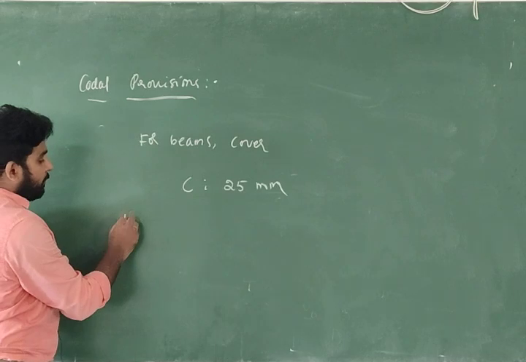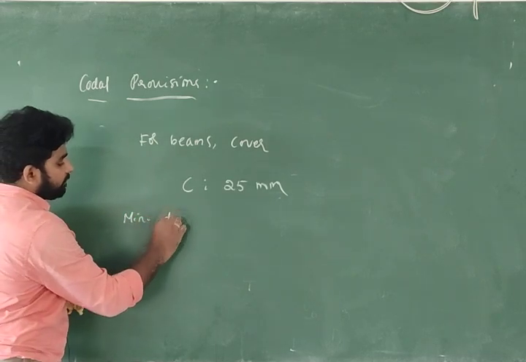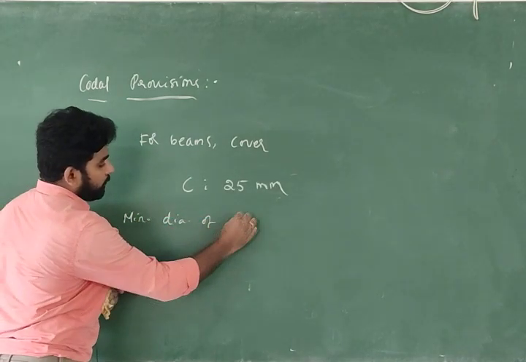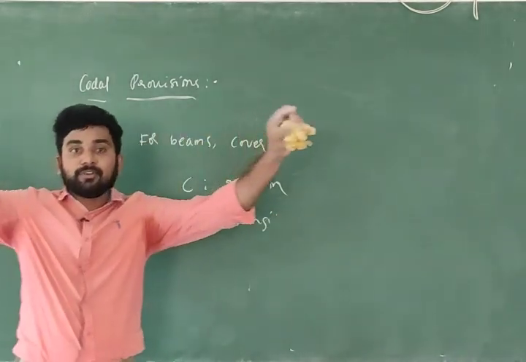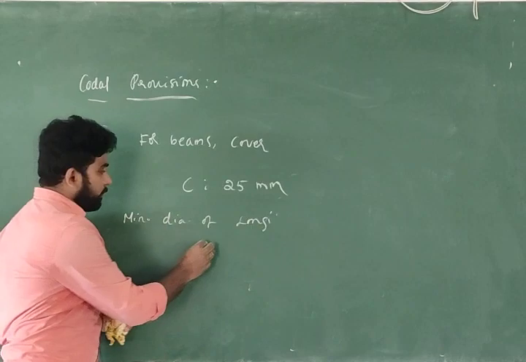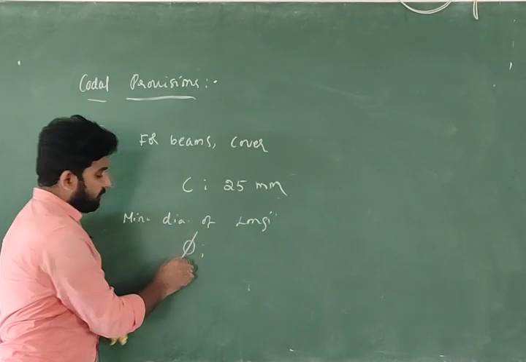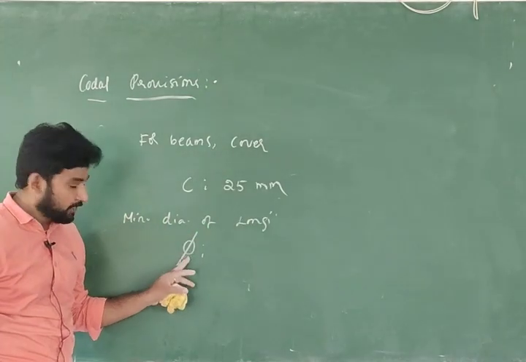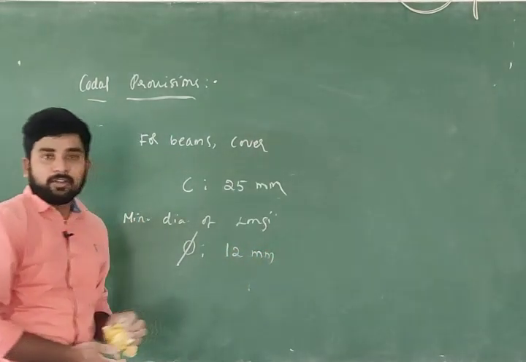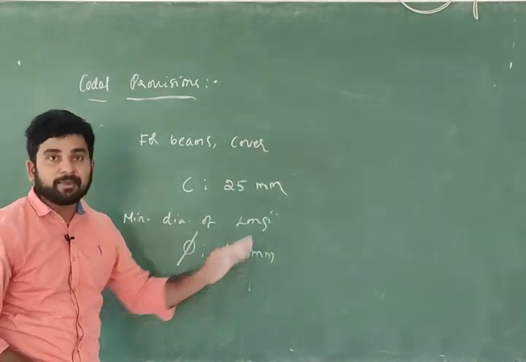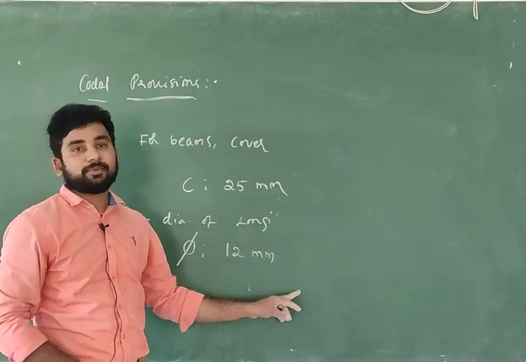Next one is minimum diameter of bar. The minimum diameter of the longitudinal bar, that is the main bar, in the beam is 12 mm. For example, if you are going to use 10 mm, no, the code will not accept it.